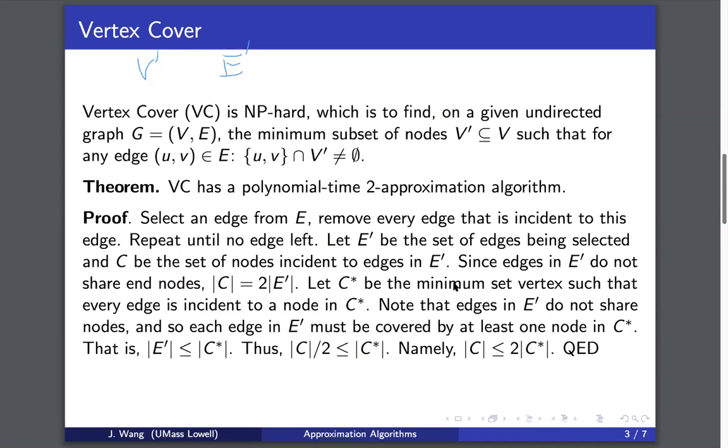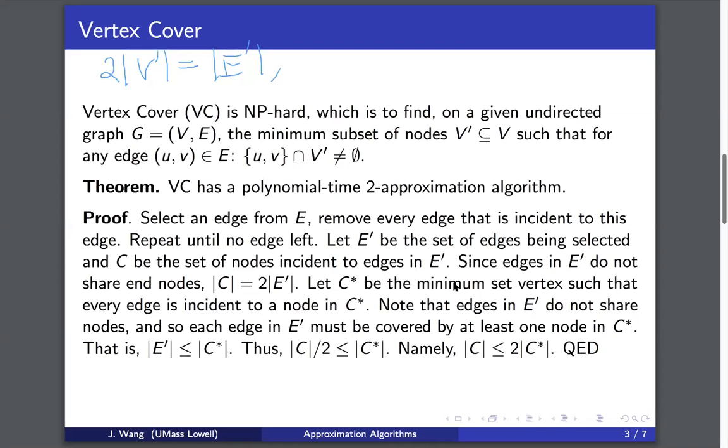So we know that the size of V prime is 2 times the size of E prime, because the edges in E prime are independent.